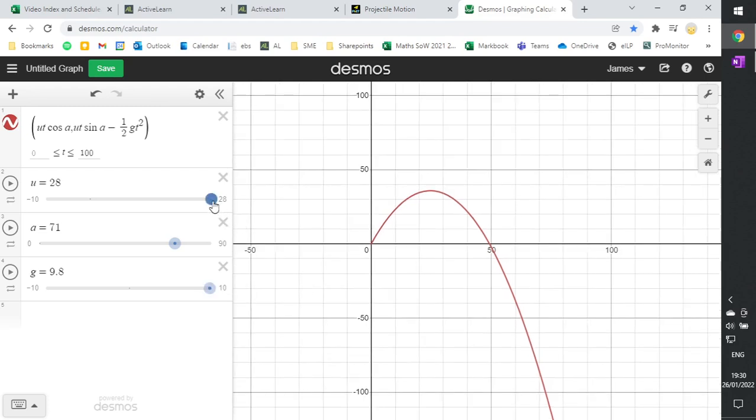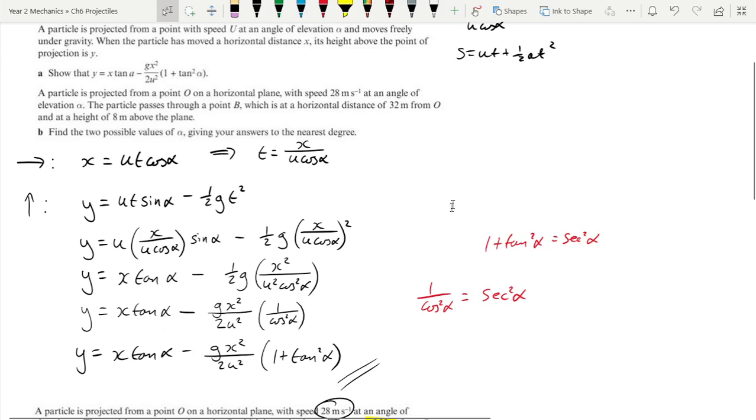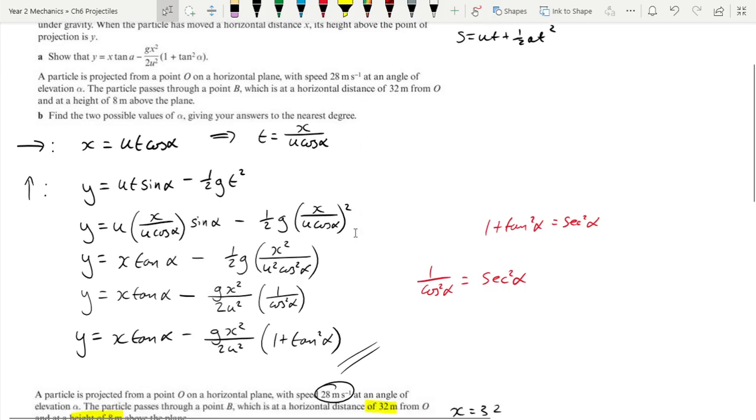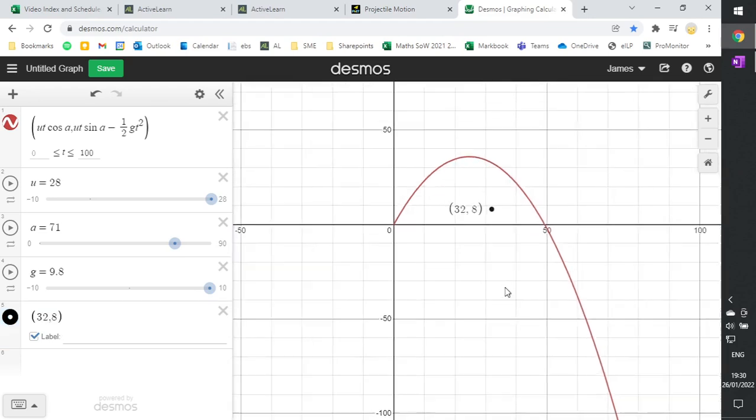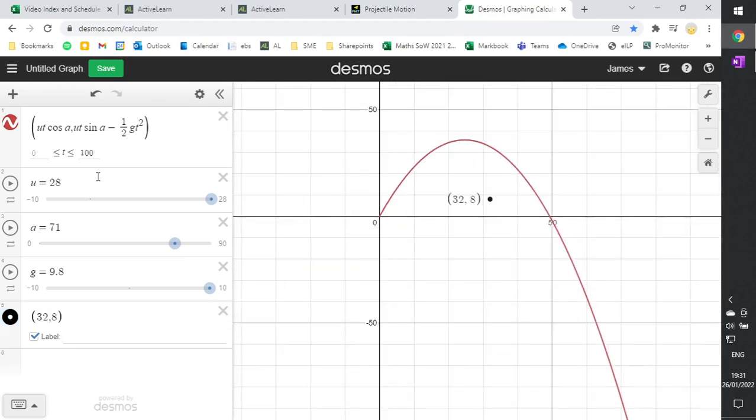You can see if I change the firing speed to be lower, it goes much less far. Okay. So what we wanted to find is what angle do I fire it at for it to go through 32, 8. So let's put that point on, 32, 8. Okay, so I want to fire it through that point. And u has got to still stay as 28.